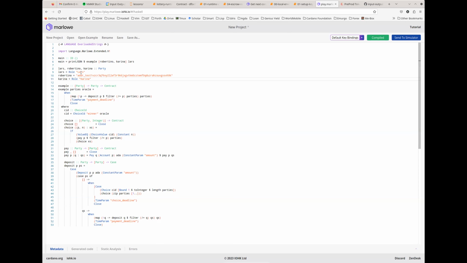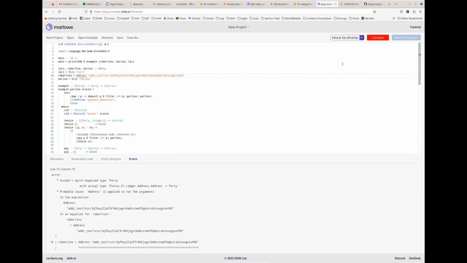Okay, let's see whether that compiles. No. What says, oh, it's applied to a few arguments. Can you check what address?